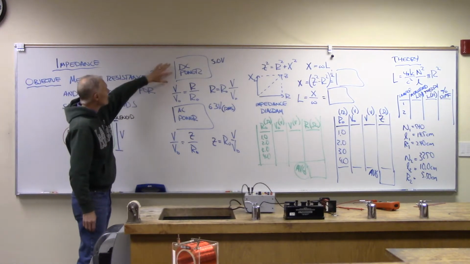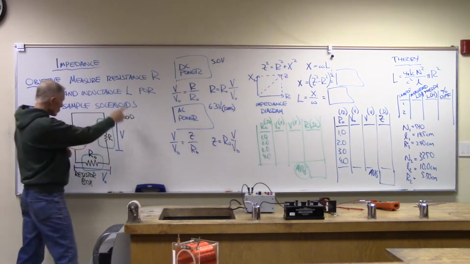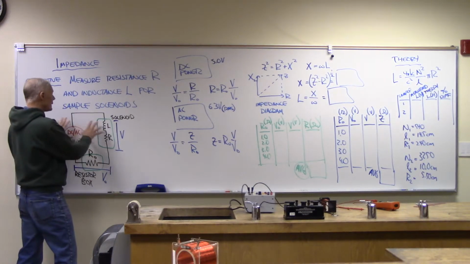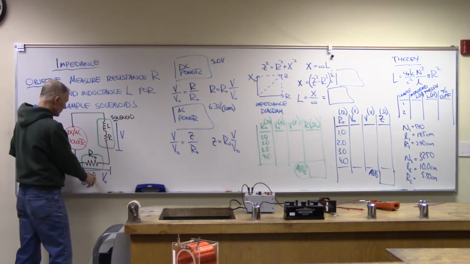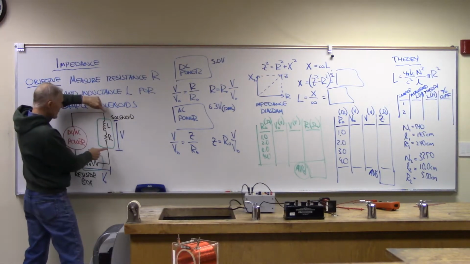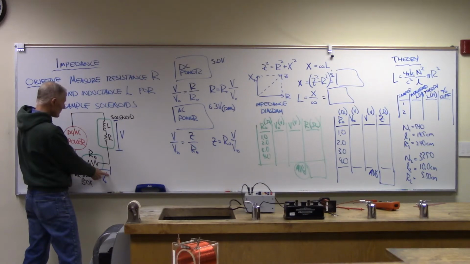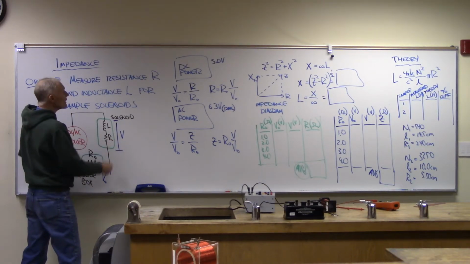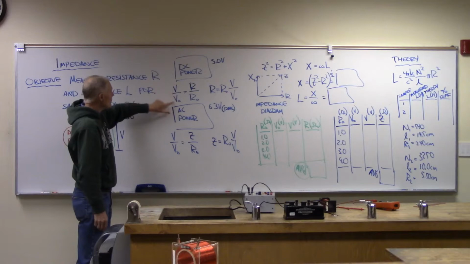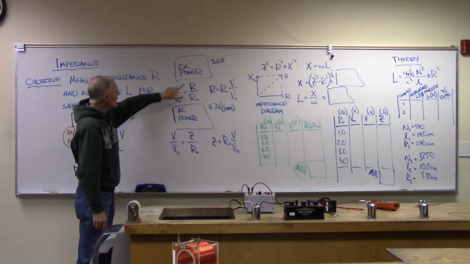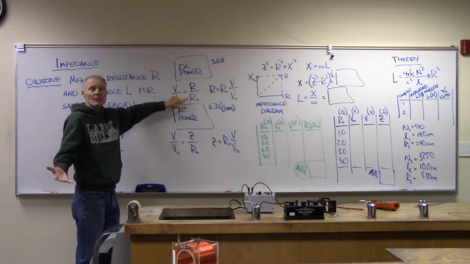It turns out that if I set up this circuit that has a power supply, a solenoid, and a resistor box, and then I measure the voltage across the solenoid, and I measure the voltage across the resistor box, I'm calling this V0 and this V, that the ratio of V to V0 equals the ratio of their resistances.